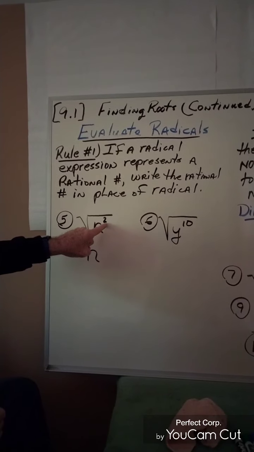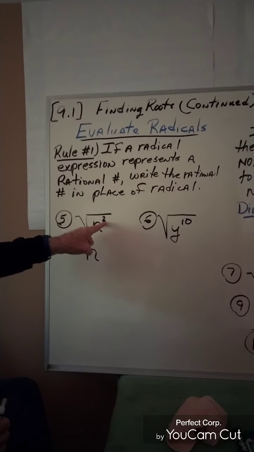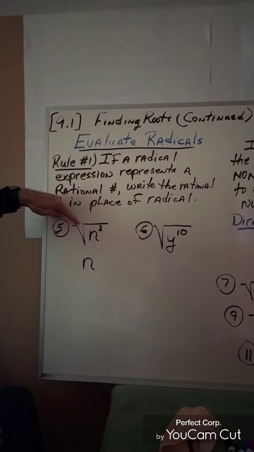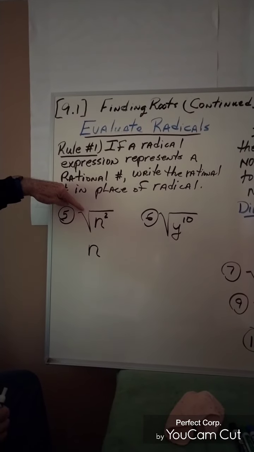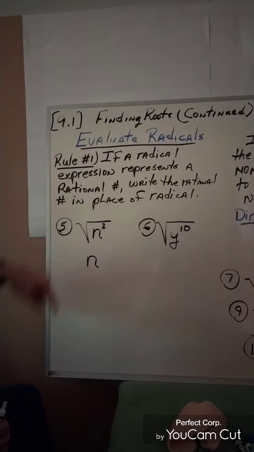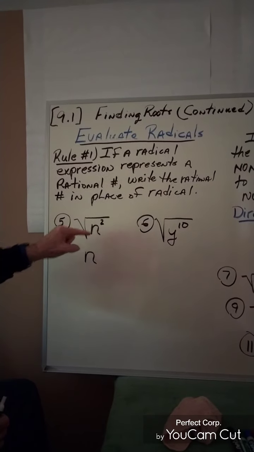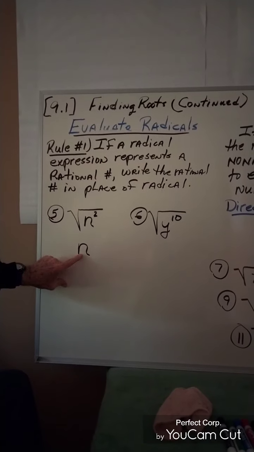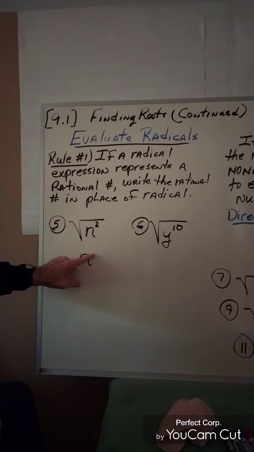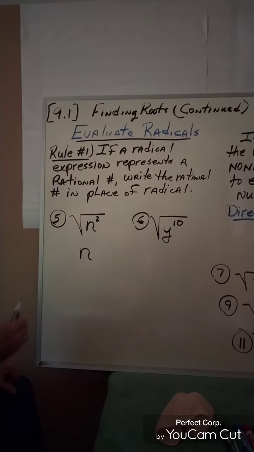If we take its related exponent, 2, and divide it by the index of 2, 2 divided by 2 would give us 1. Therefore, on the surface, it appears that the radical of n squared is simply n, because n to the 1 is the same thing as n.